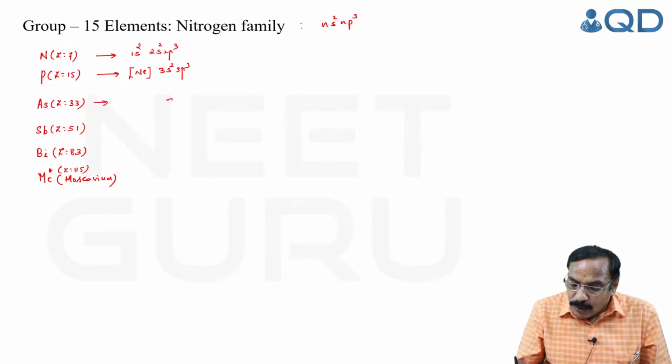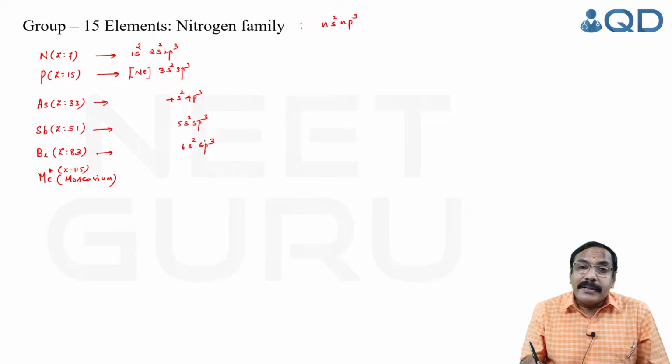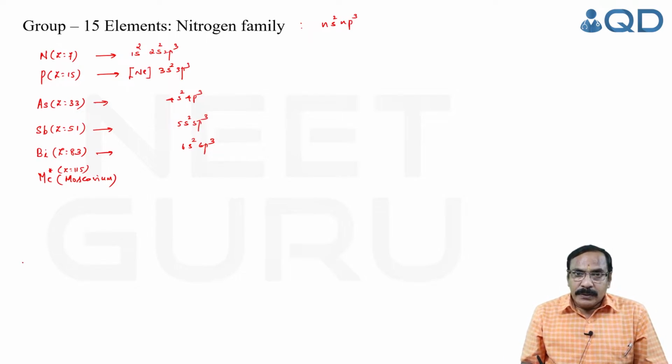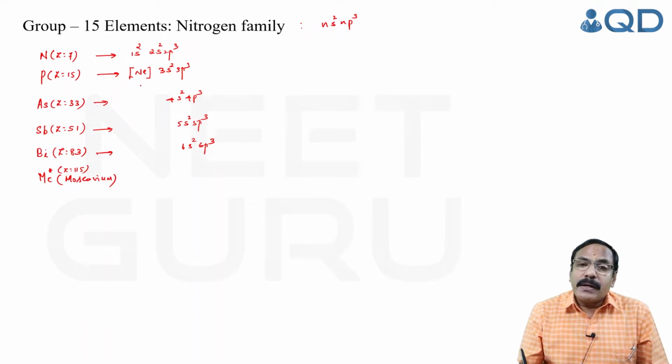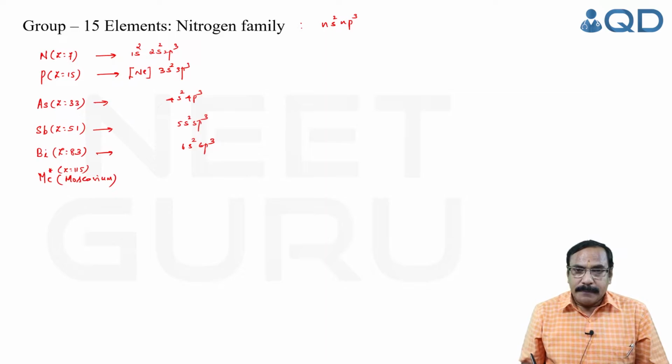For arsenic, you have 4s2, 4p3. Antimony is 5s2, 5p3, and bismuth is 6s2, 6p3 with 5d10 electrons. So the presence of d and f electrons in the inner core has a great influence on the properties.